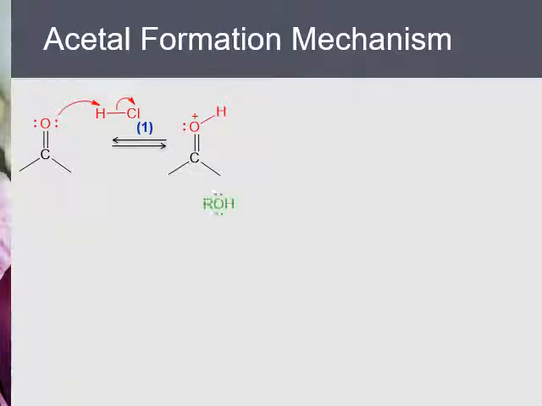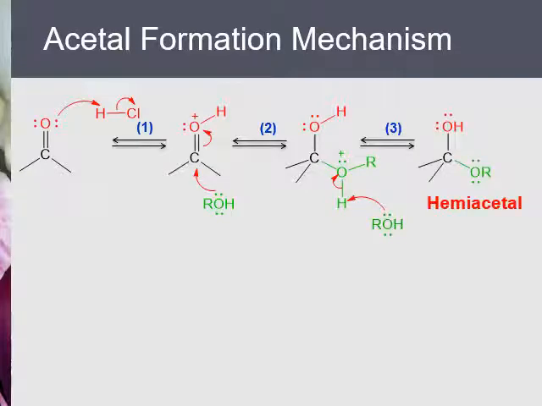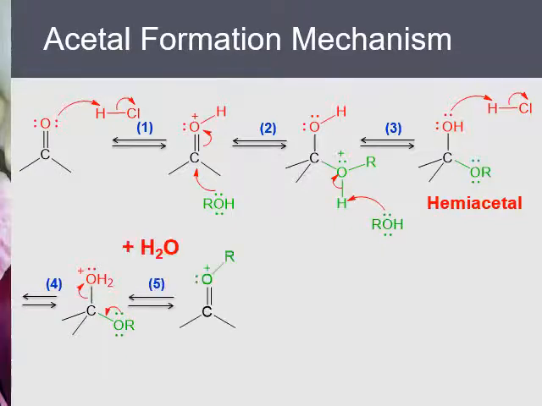Second step, nucleophilic addition, followed by deprotonation of the hydrogen, to give you the hemiacetal. In this molecule, one alkoxide is added. The hydroxy group is a bad leaving group, so it needs to be protonated, forming a better leaving group. And then the molecule reforms the C-O double bond and the leaving group leaves.